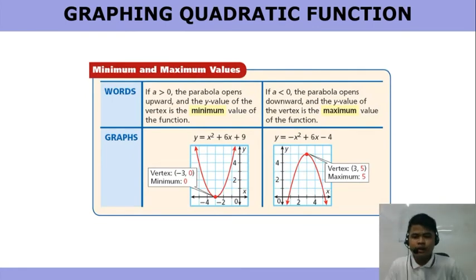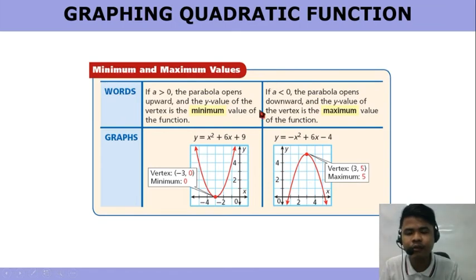Okay. The minimum and maximum value. If a is greater than 0, the parabola opens upward. Okay. The y value of the vertex is the minimum value of the function. So, kapag upward yung opening ng parabola, the y value will be the minimum value.